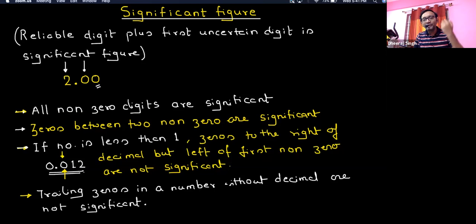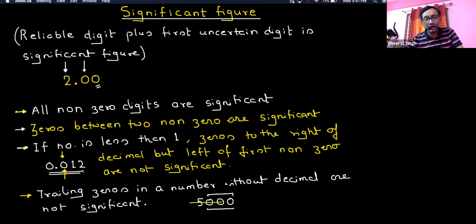I'm just telling you 500, isn't it? That kind of message goes. But if I tell you the distance of Hyderabad from Bangalore is 525 kilometers 30 meters, then you'll be like, oh, this guy knows the exact value. So all my figures are significant. But if I say 500, the two trailing zeros are uncertain. So it is just a way to communicate. Trailing zeros are the zeros coming at the end. These three are trailing zeros. They are not significant.